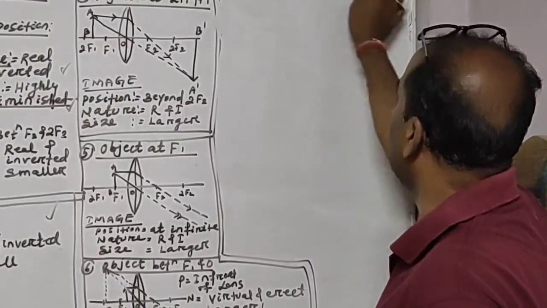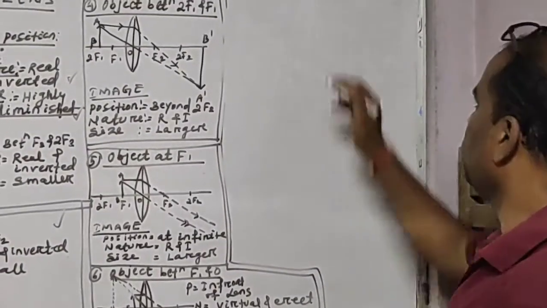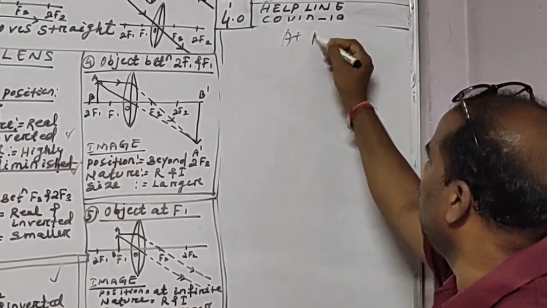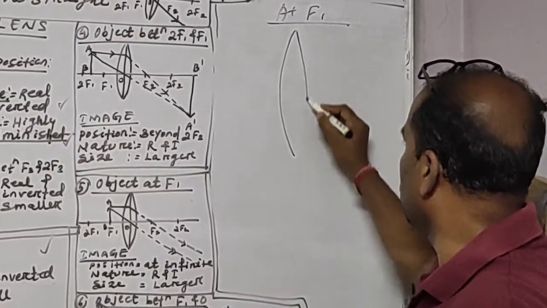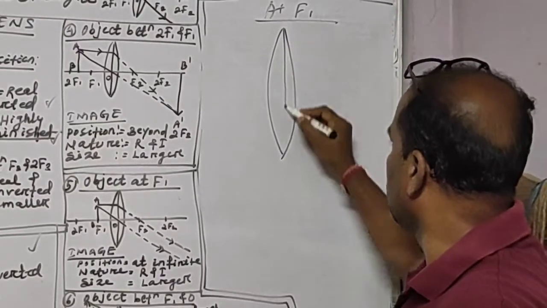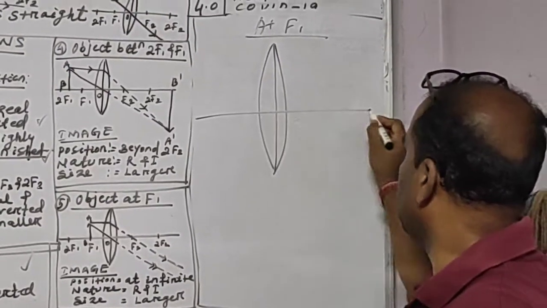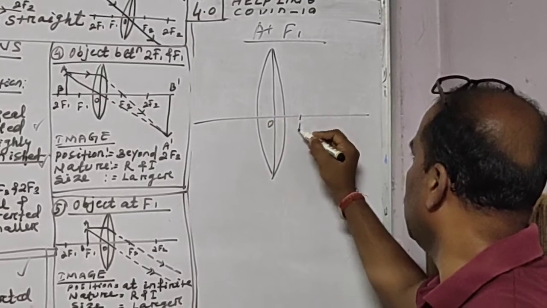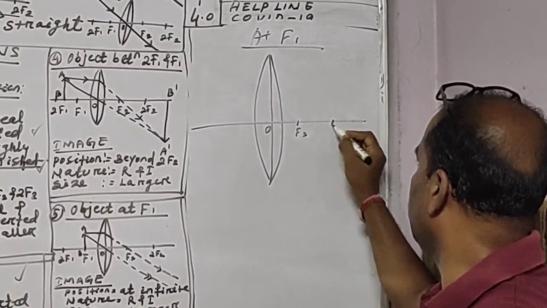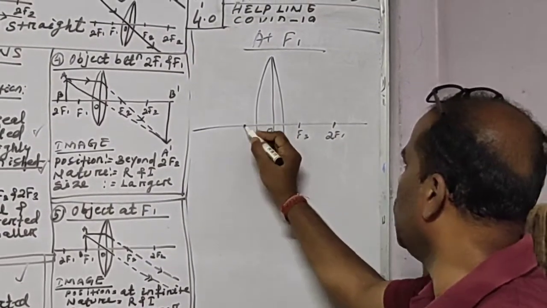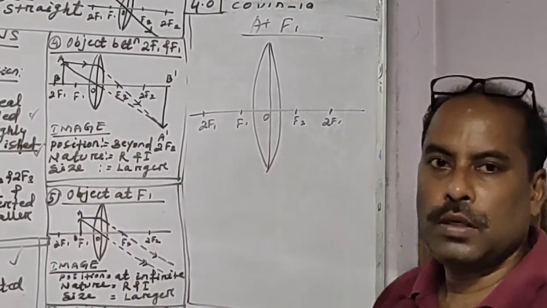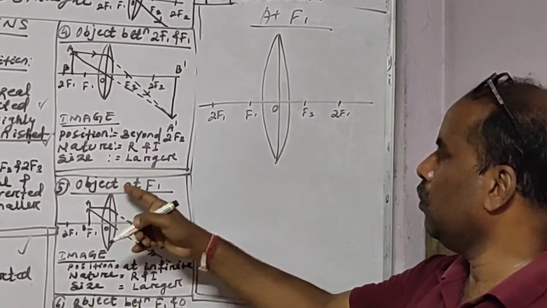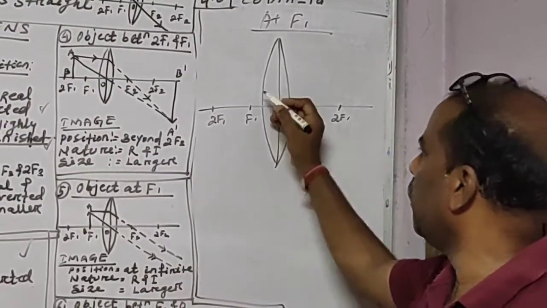Now the fifth ray diagram, that is called the object is at f1. Now we will go, object at f1. So lens, transverse, principal axis, optical center, f2, 2f2, f1, 2f1. Okay. Now according to the question we have to place the object at f1.